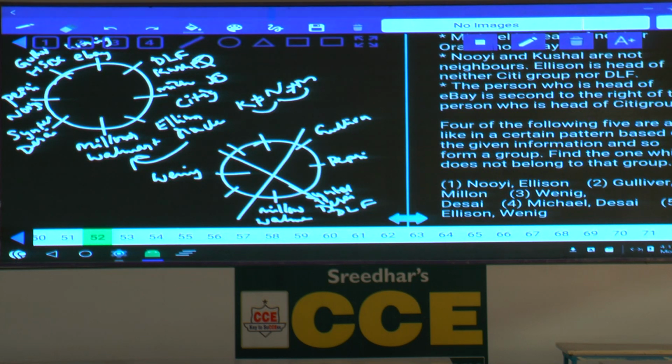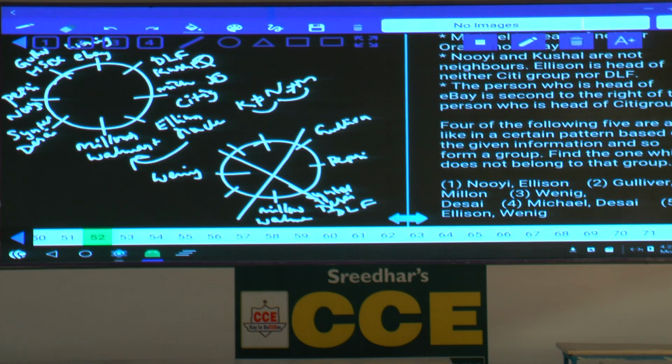Michael and Desai, how many persons are there in between? Ellison and Wenning, again there are 2 possibilities. If you observe, we have exactly 2 persons in between these pairs.